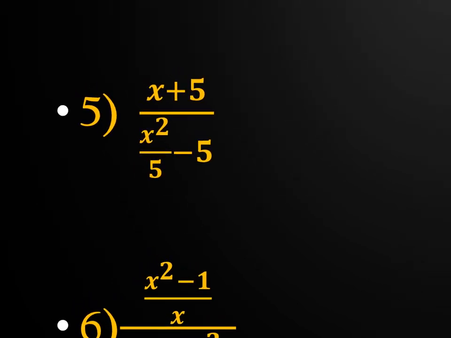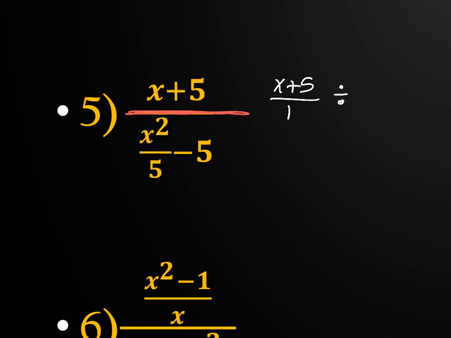So again, our main fraction bar here is right here. I only need to worry about subtracting the denominator. The numerator is just the x plus 5 over 1. And it's going to be divided by whatever we get now.